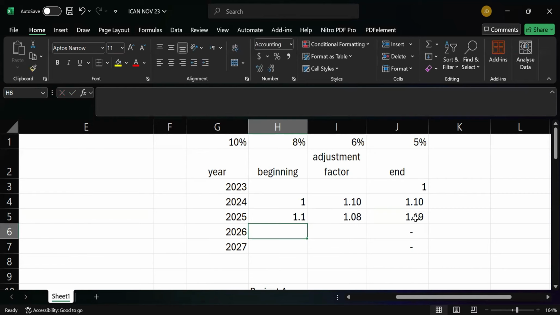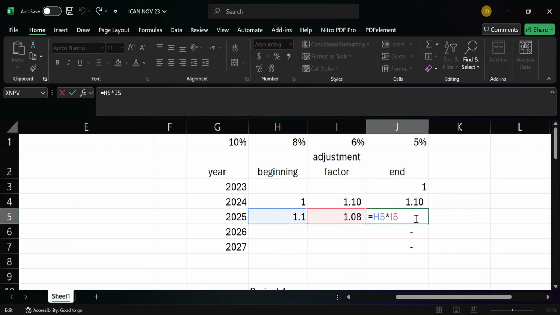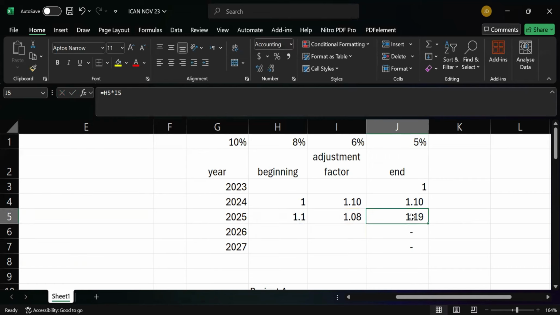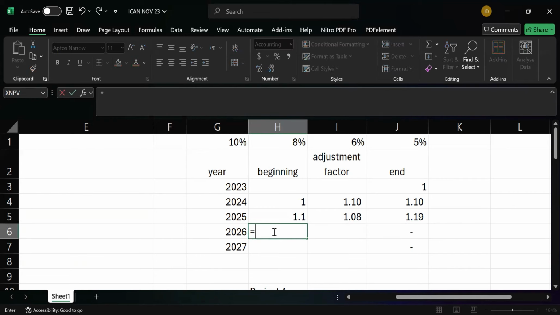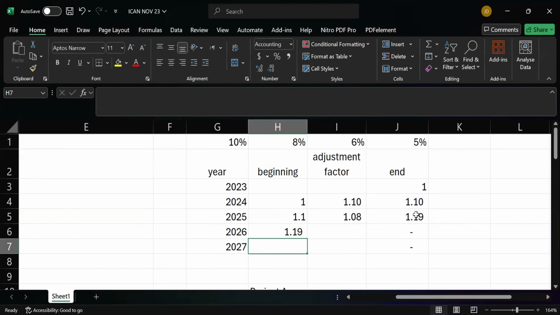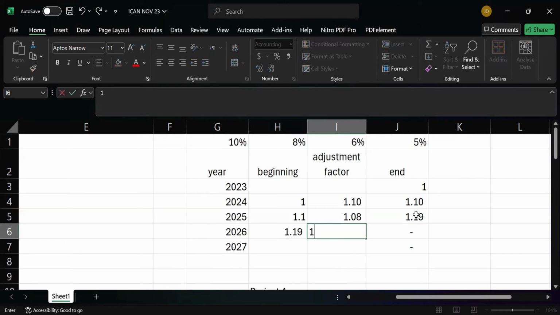Okay, so what I've done here is that I'm saying year one, 1.1 times year two, 1.08. So that gives me what it will be at the end of year 2, which is 2025. So the beginning of 2026 will be the same as 2025. So what is the inflation for that year? 6%, so 1.06.